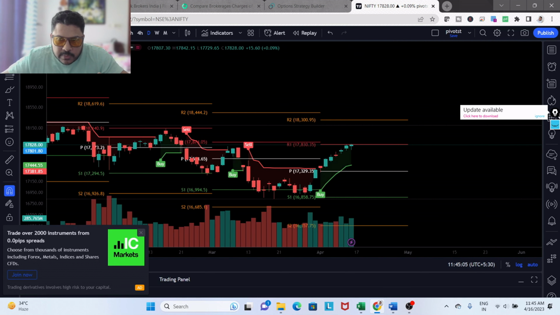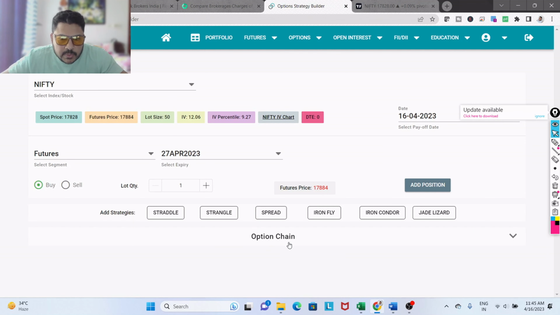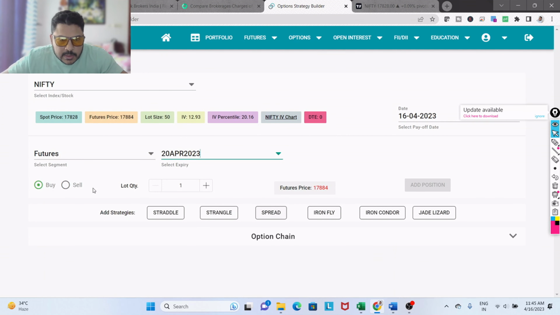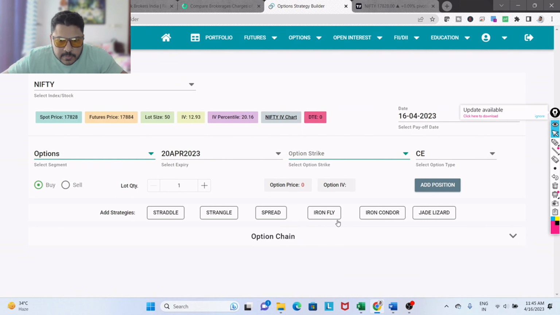So what can happen now is a candle can come down like this, because it is too far from the super trend, take support on the super trend and then go up. Keeping that in mind, what kind of strategy can we make? We can take the next expiry, which is 20th April, options.